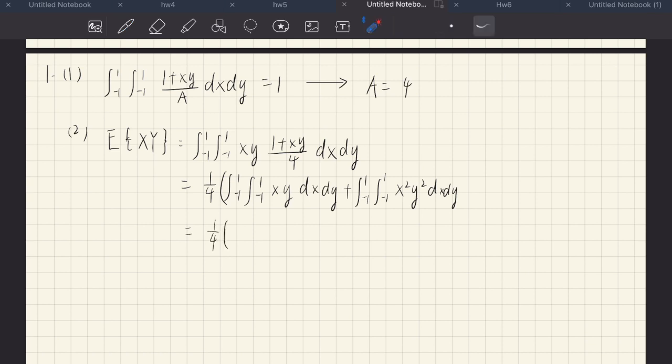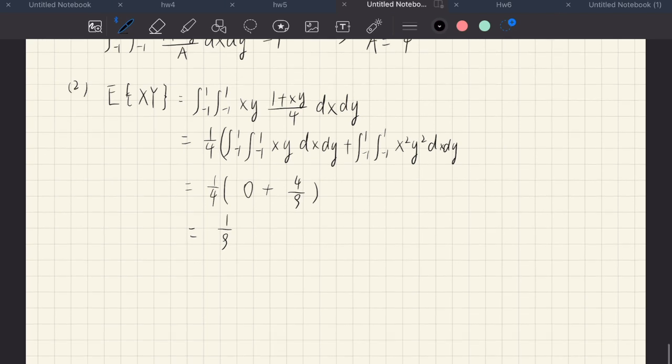For this part, this is an odd function, so the result is 0. And for this part, the result is 4 over 9. So the final result should be 1/9.